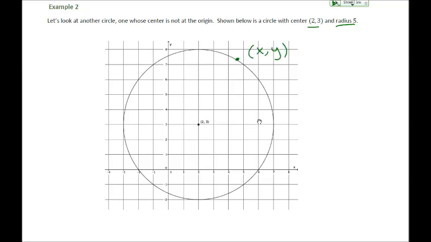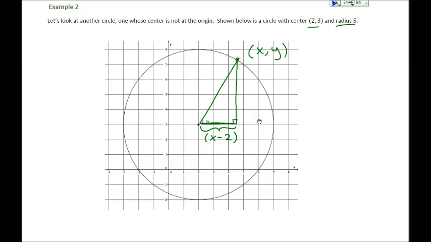Now I can't just do x squared plus y squared equals 5 squared, because the triangle I'm looking at is this triangle right here. And this length right here is not going to be x, but it will be x minus 2. Whatever x coordinate we are, the difference between that x coordinate and 2 will be the horizontal length of my right triangle.